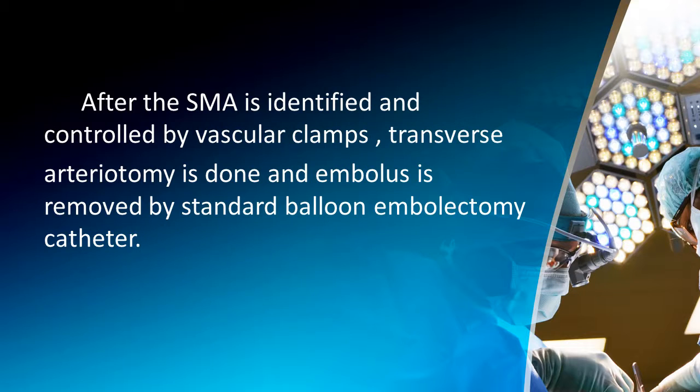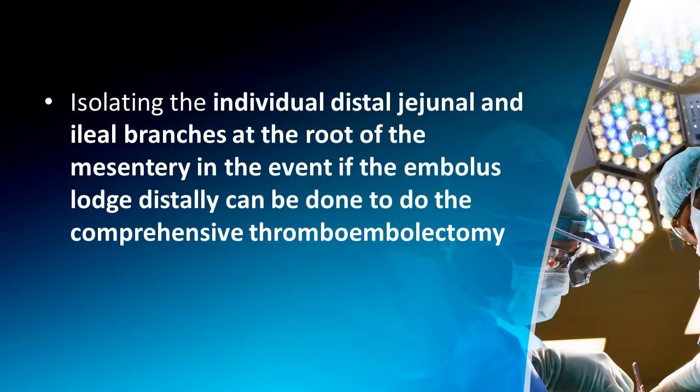After the SMA is identified and controlled by vascular clamps, transverse arteriotomy is done and the embolus is removed by standard balloon embolectomy catheter. Isolating the individual distal, jejunal, and iliac branches at the root of the mesentery can be done to perform a comprehensive thromboembolectomy in the event the embolus lodges distally.